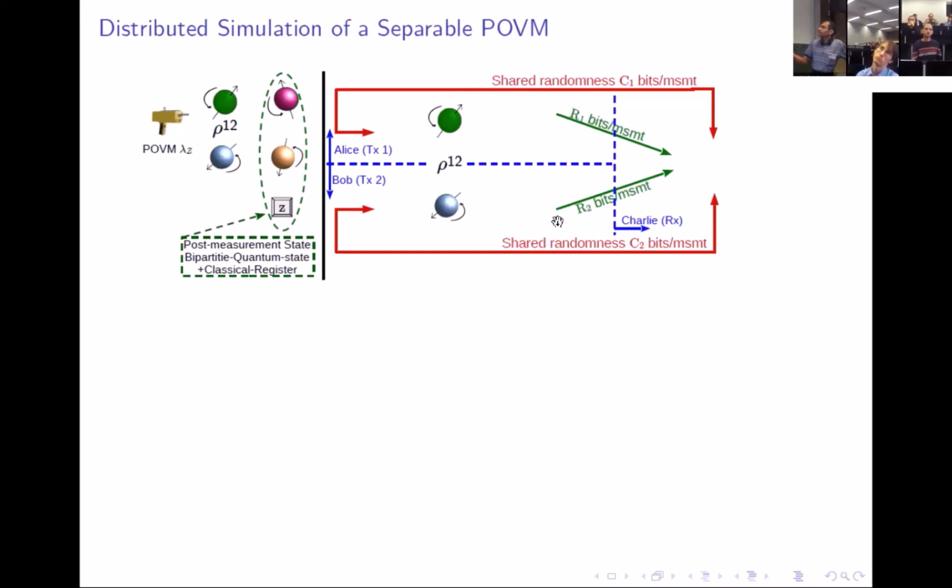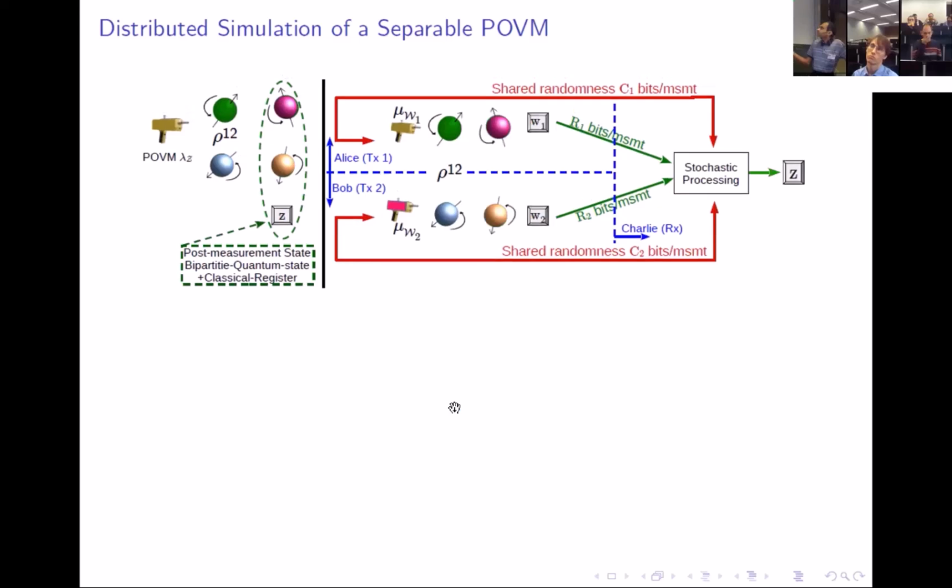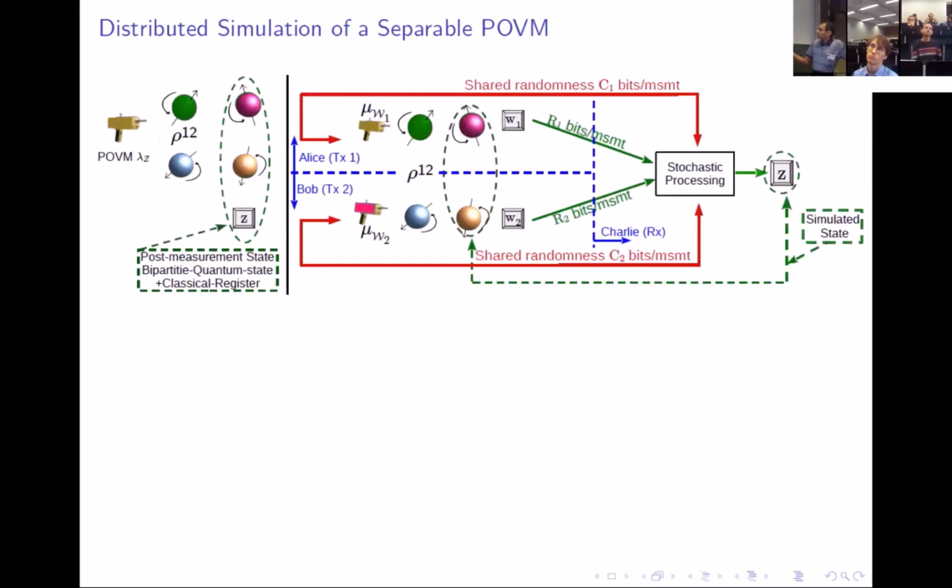I will give rates R1 and R2 from the encoders to the decoder, and do an alternate POVM on the two states and try to simulate the same Z and the post measurement state through this setup. The question is, for what rates R1, R2, C1, C2 will I be able to do that? R1, R2 tell me the information content of the outcome of the measurement. That's essentially the story.